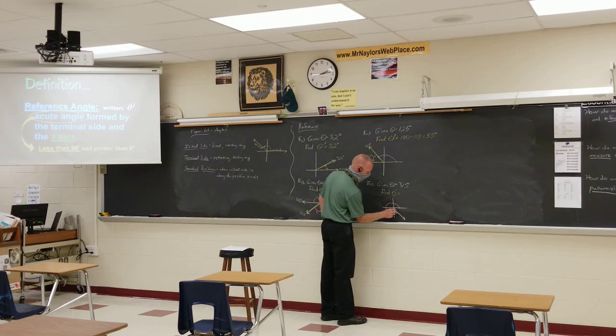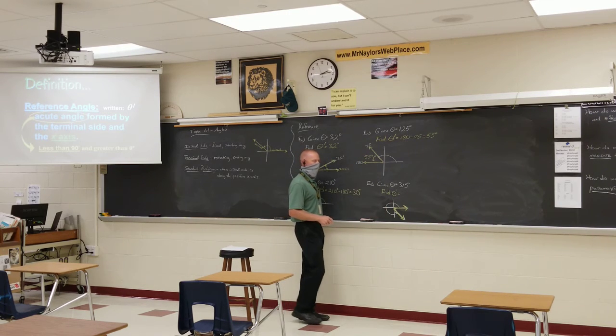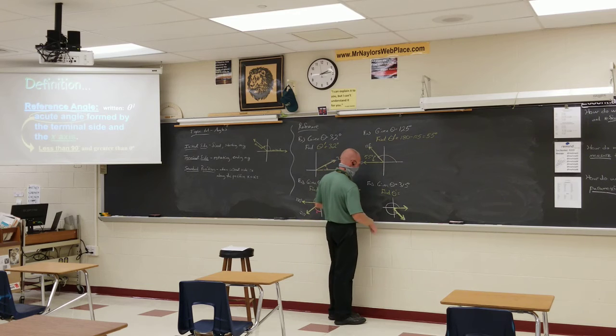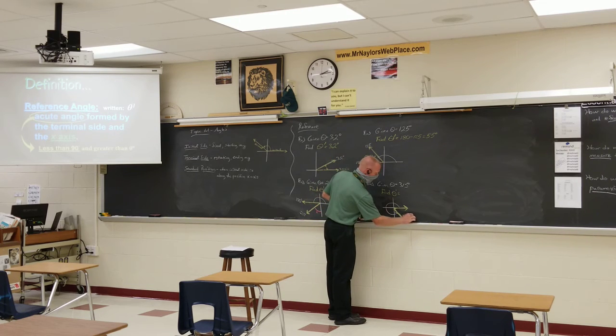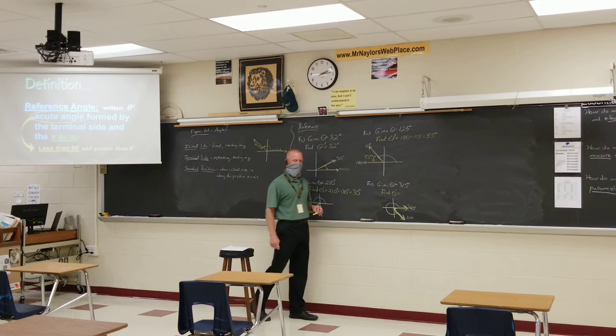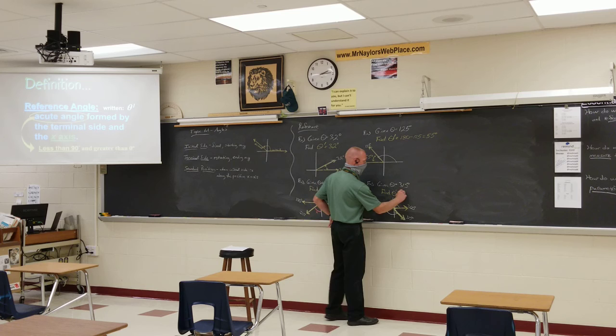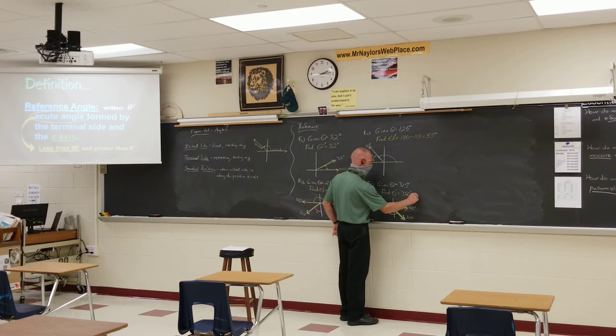All you got to do is think about the terminal side and the x-axis. Okay, now, what is the difference between 315 and the x-axis? Well, if you think of the x-axis as 360, it's easy to see that that difference is 45 degrees.